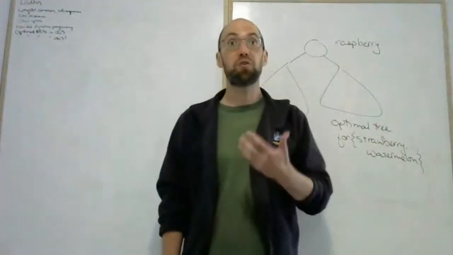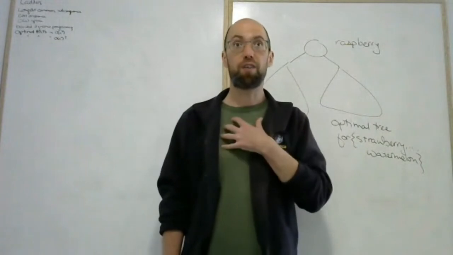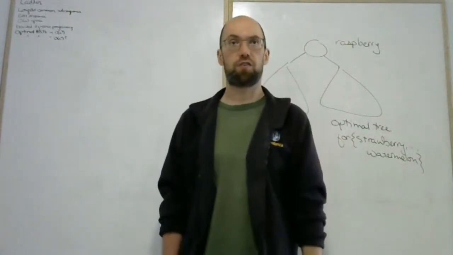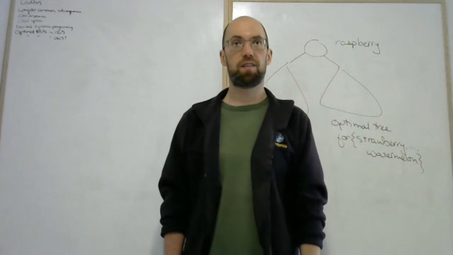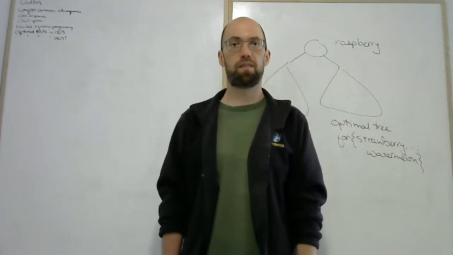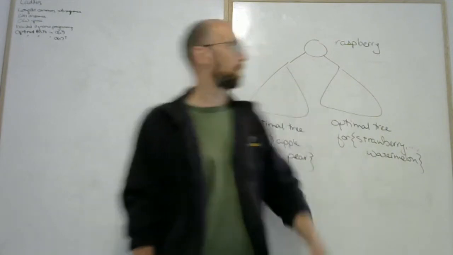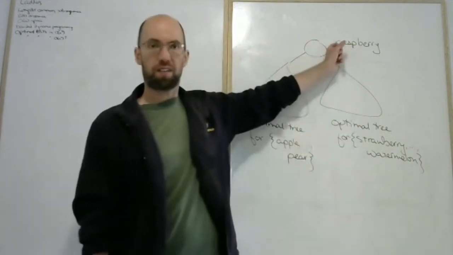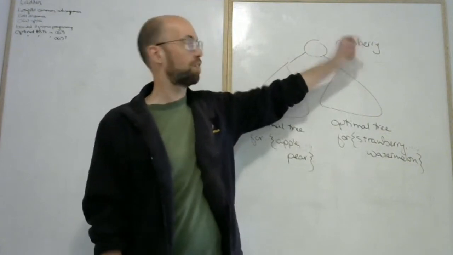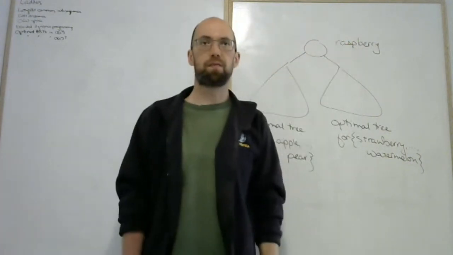So how do you use your weak-willed prof to find the optimal binary search tree? There's a for loop involved. How do you find the optimal binary tree that's rooted at raspberry?